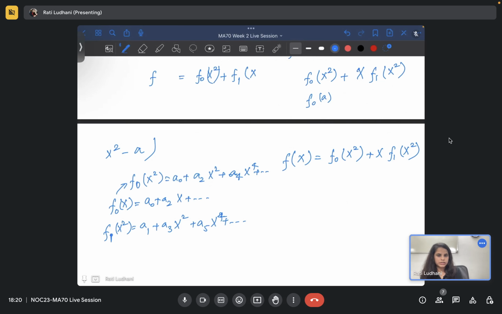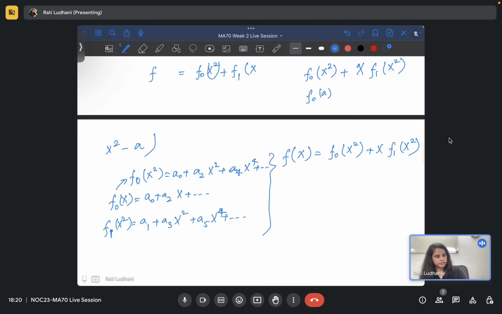So is that clear for everyone? So what he's saying, you take f0 of x square and you will get this polynomial, and then you take f1 of x and you replace x by x square, and you get this polynomial a1 plus a3x square plus a5x raised to power 4 up to and so on.